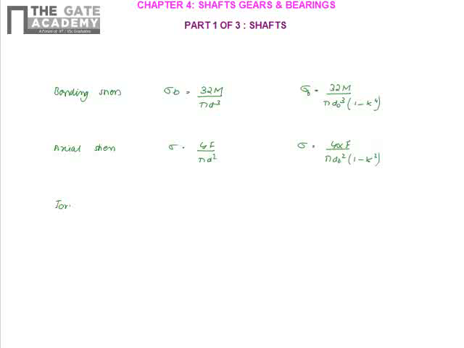Then finally we have seen the torsional loading, torsional stress, which is given by tau is equal to 16 T by pi d cube for the solid shaft, and for the hollow shaft it will be given as 16 T by pi do cube into 1 minus k raised to 4.